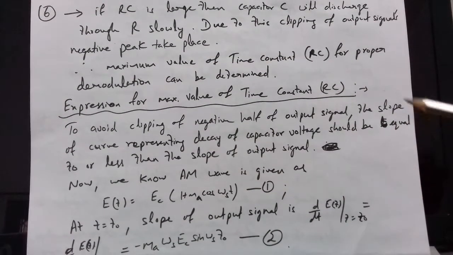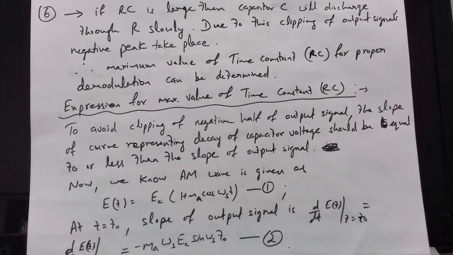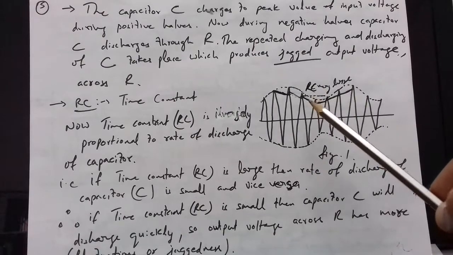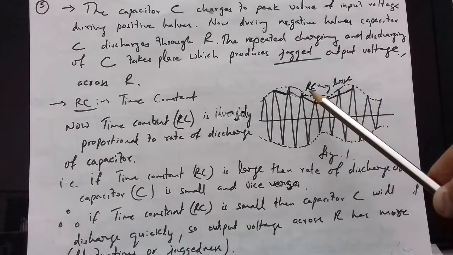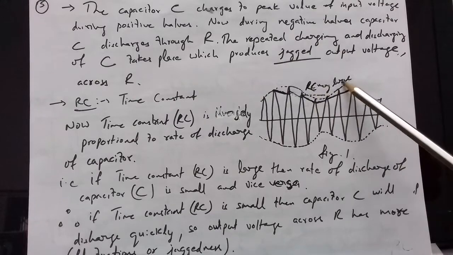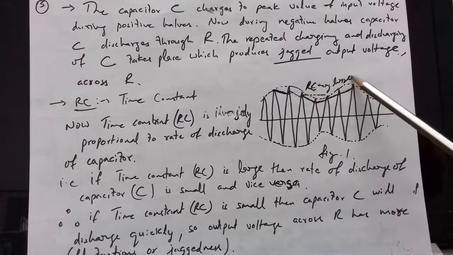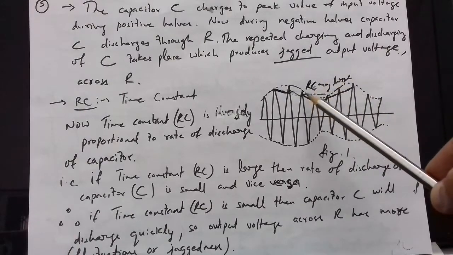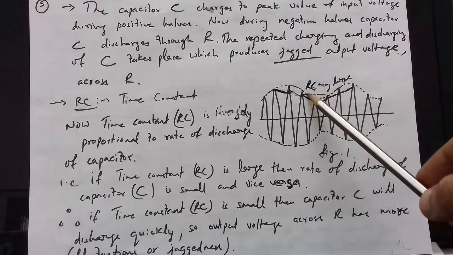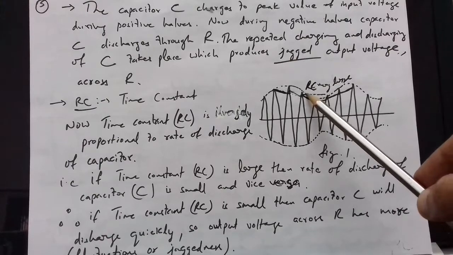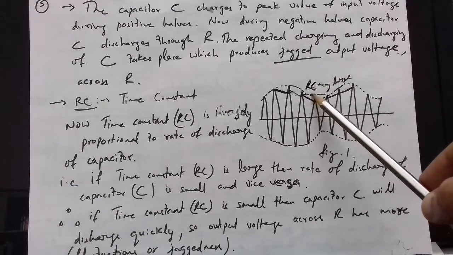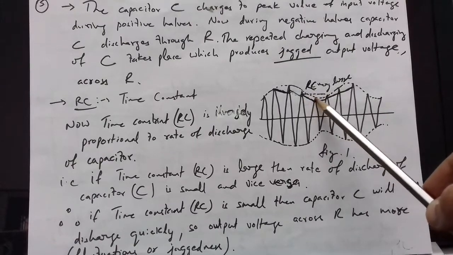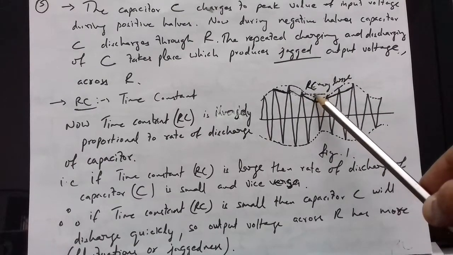I will show you in the graph. Here you can see that if the time constant RC is large, then the rate of discharge of the capacitor will be small. In that case the voltage across the capacitor could be above the voltage of the AM wave input voltage.